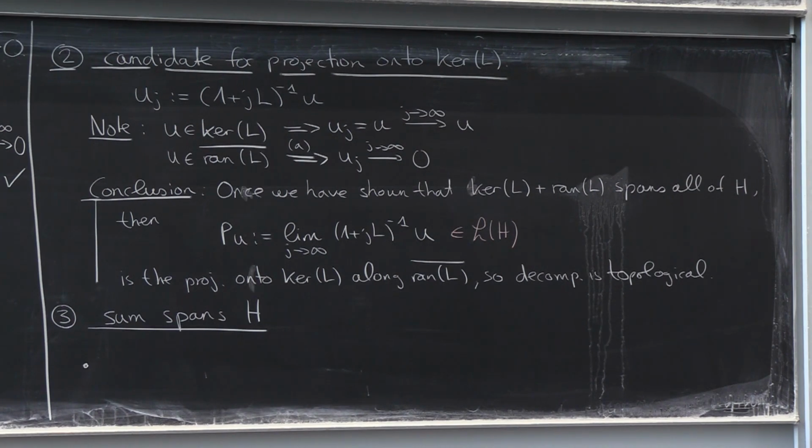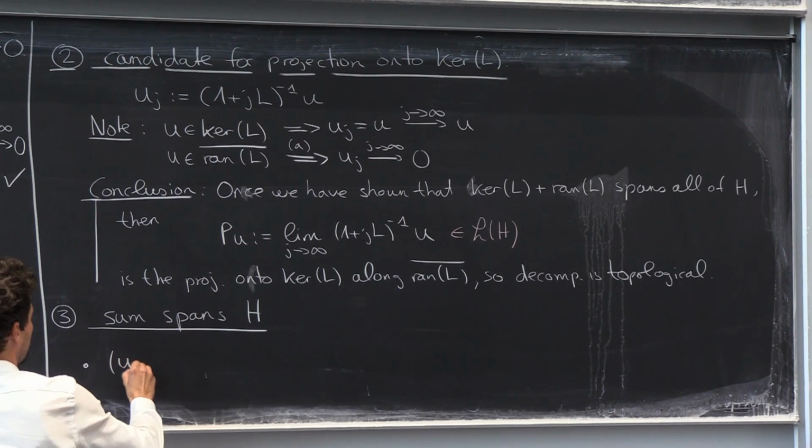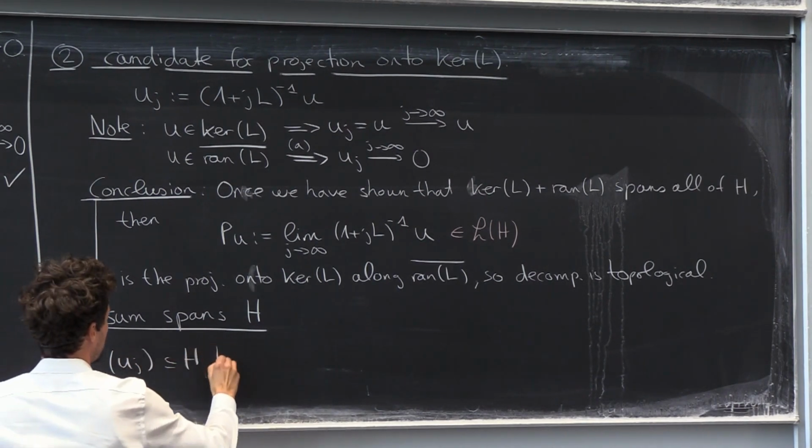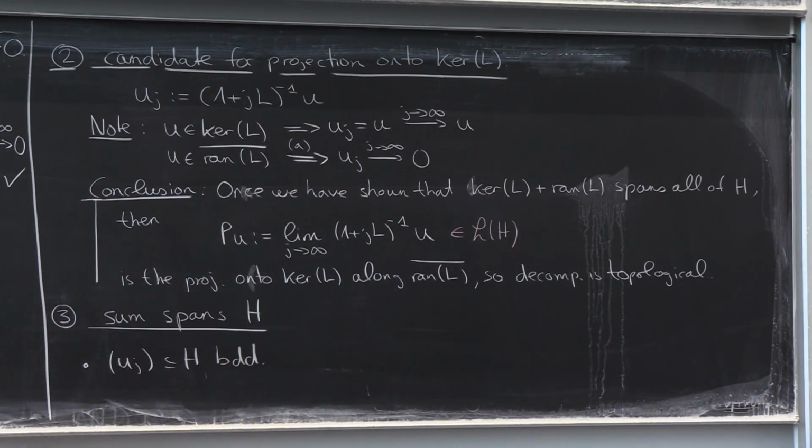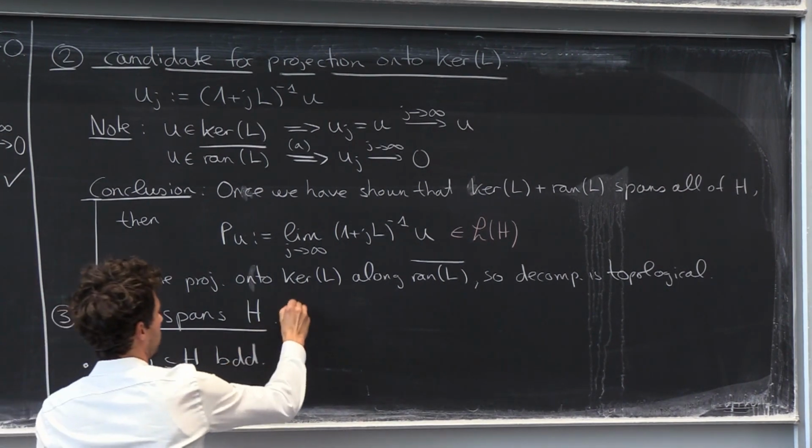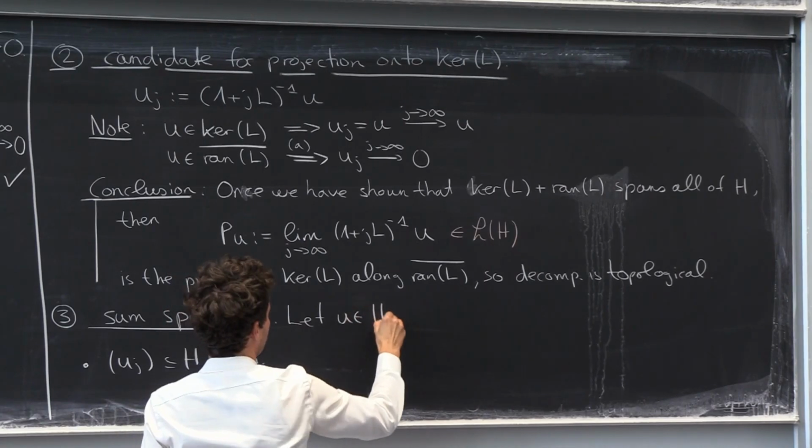I just know it separately on the closure of the range and the kernel, but I do not know how much information that gives me because I do not know what these two sets span as a subspace of H. Right, so I could have said differently, I would have to prove that the u_j converge for every u, which I do not know. But I do know that the u_j in H, they are bounded for every u.